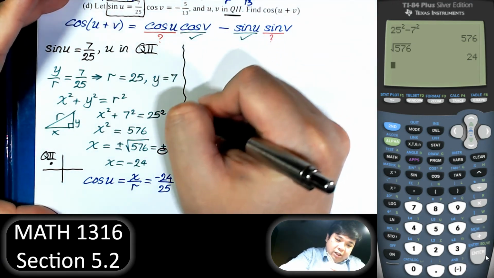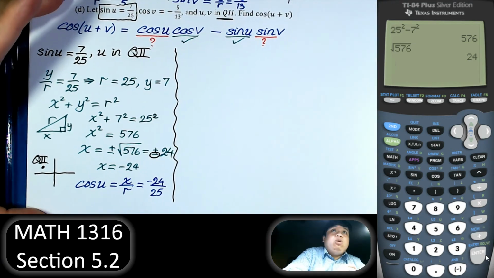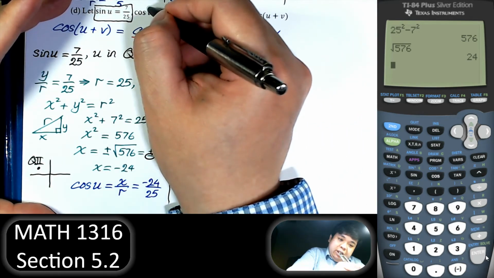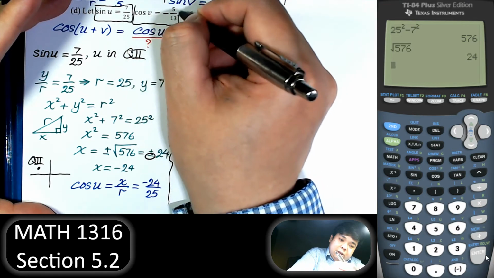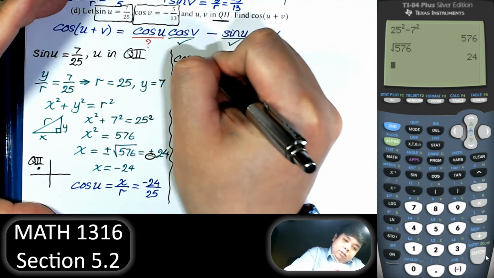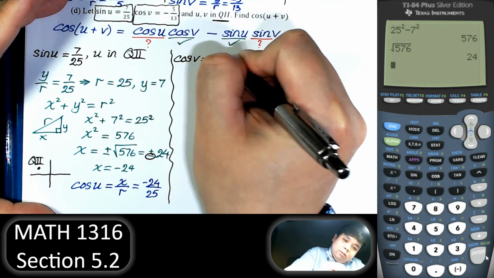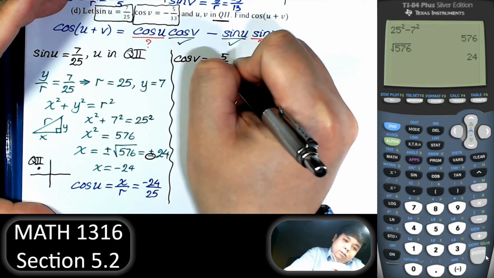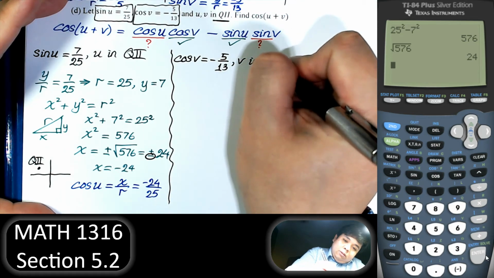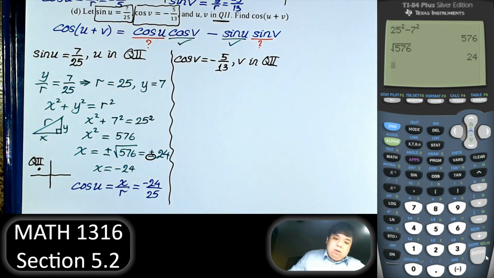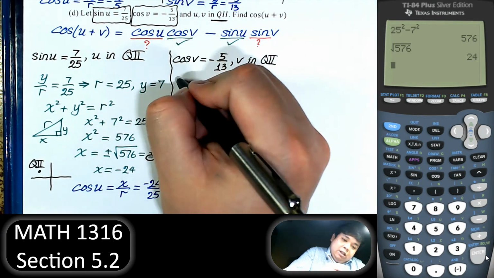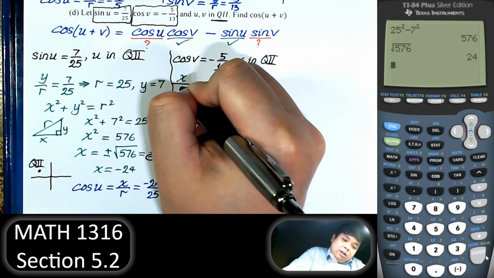Now we go to v. To go to v, we solve for sine of v. So cosine of v is x over r.